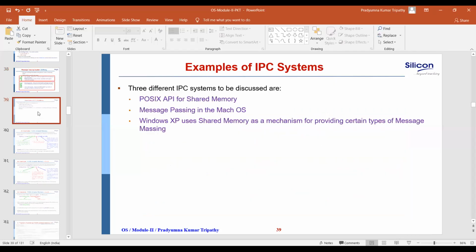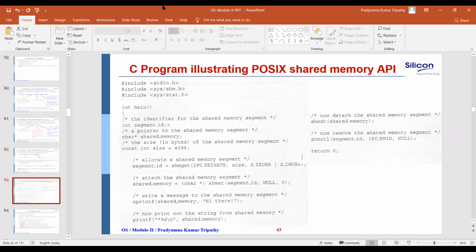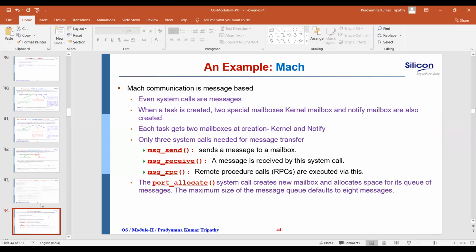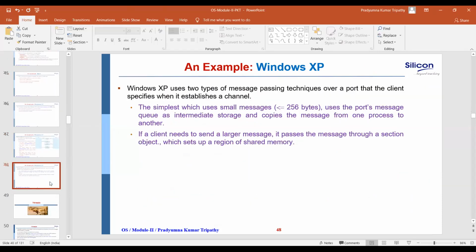However, if you want, there are some case studies like the implementation of shared memory in POSIX, message passing in Mac OS, and Windows XP shared memory. If you want, I will be sharing these slides whenever this unit is over, so that you could know how this can actually occur in different operating systems. But this is optional.